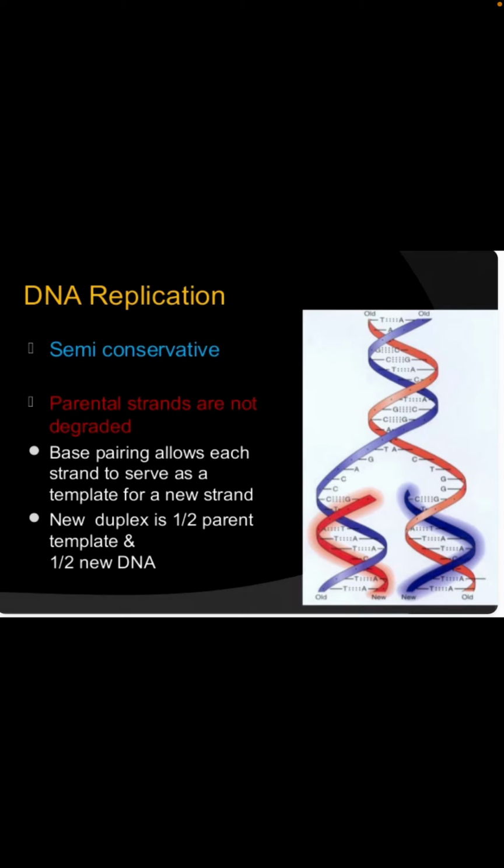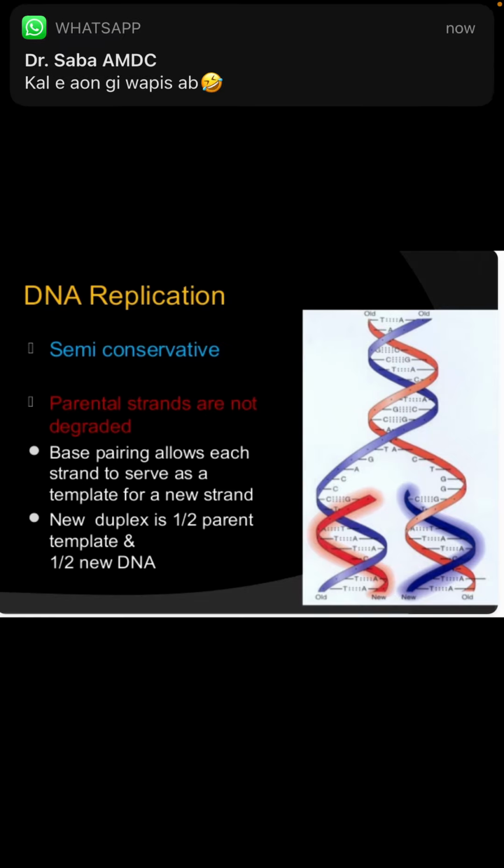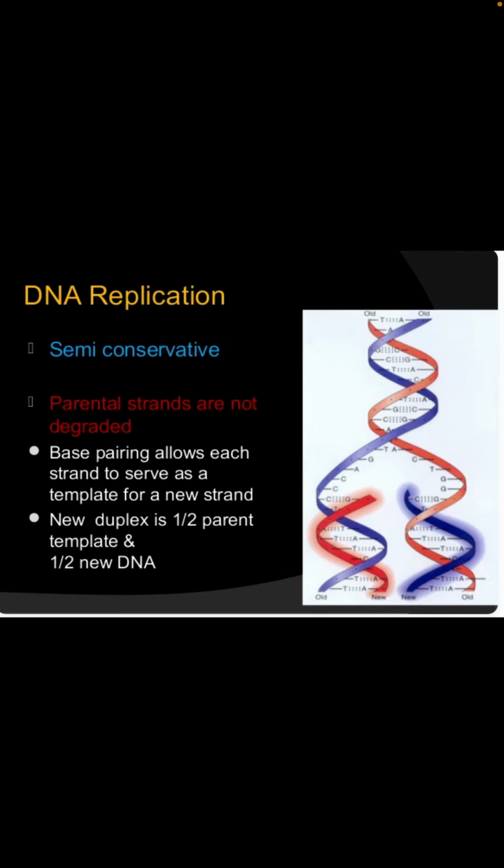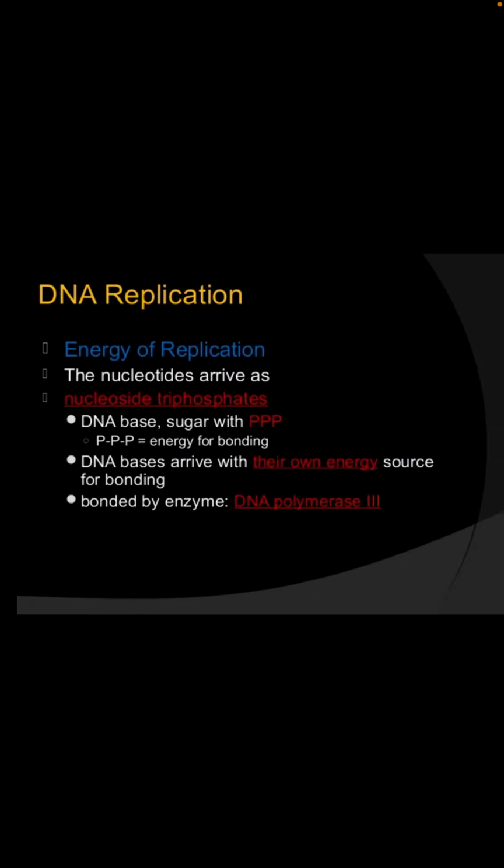Parental strands are not degraded. Base pairing allows each strand to serve as a template for the new strand. The new duplex is half parent and half new, as it's semi-conservative.